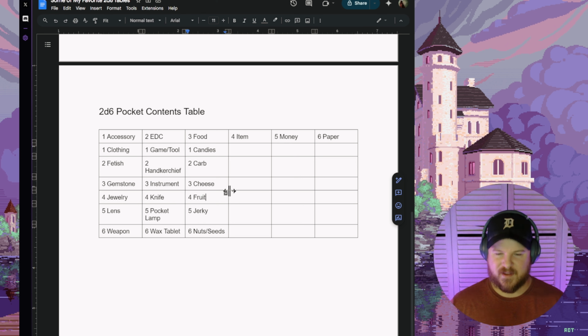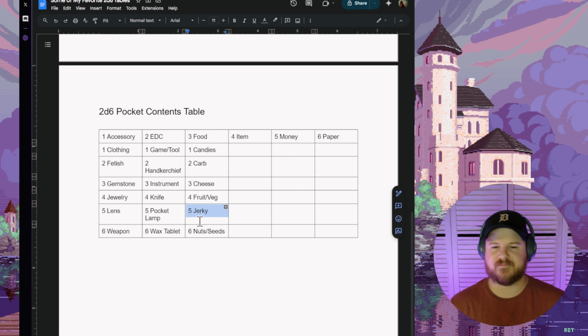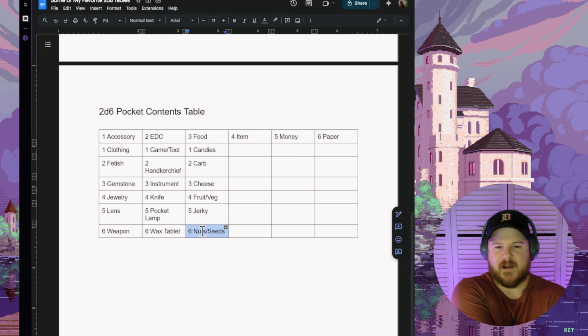So I guess I could put veg here as well, because this could also be things like pickles, pickled goods that they might have on them. And jerky, so some sort of dried meat, usually. So that could be, of course, meat jerky, but it could also be dried fish, things of that nature. Then nuts and seeds. Could be sunflower seeds, peanuts, all sorts of things they might have in their pocket.